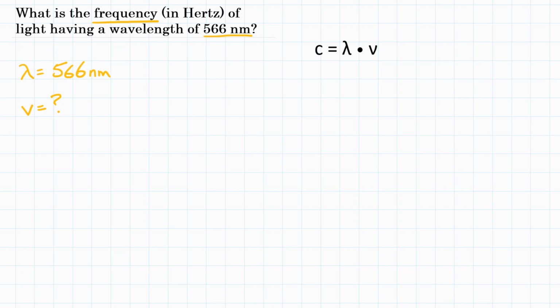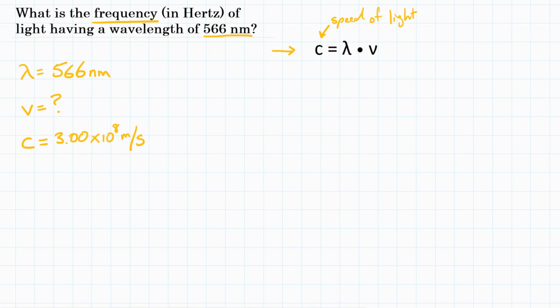Now, to solve this problem, we're going to use this equation over here, where C, the speed of light, is equal to wavelength, or lambda, times frequency, or V. So we need for this problem C, which is the speed of light, and the speed of light is 3.00 times 10 to the 8th meters per second. Okay, so we have our two variables, so we can solve for the third.